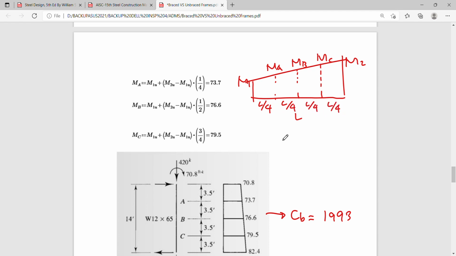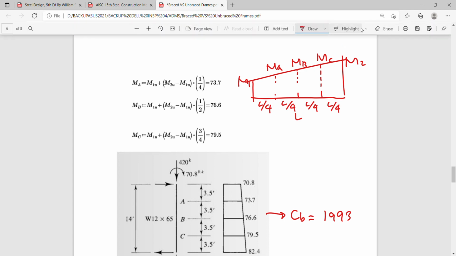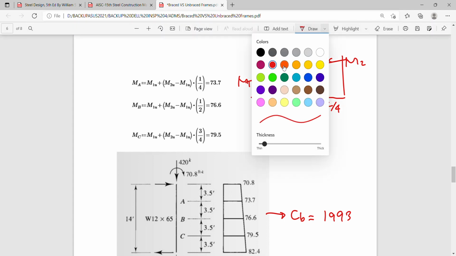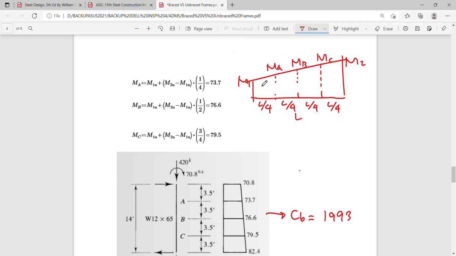Okay, so I just make use of a triangular proportion to get this value MA, so simply it's equal to M1 plus the slope.